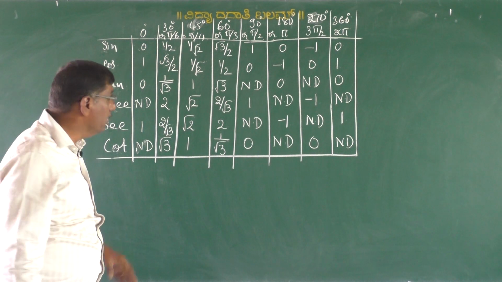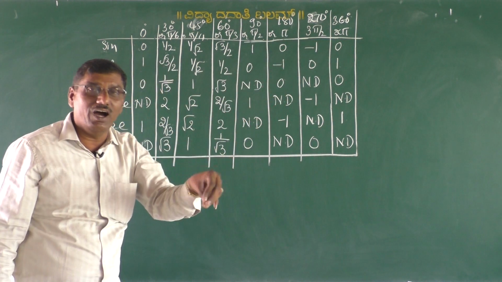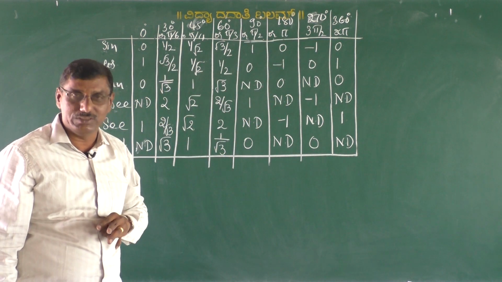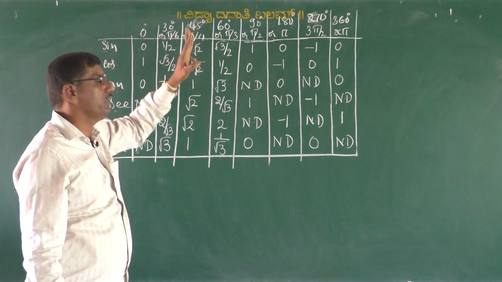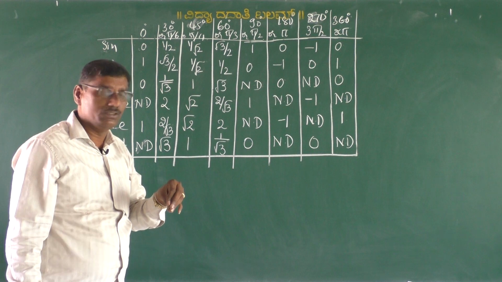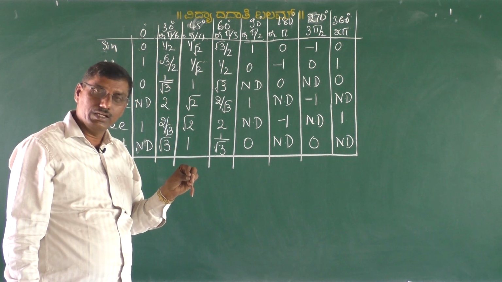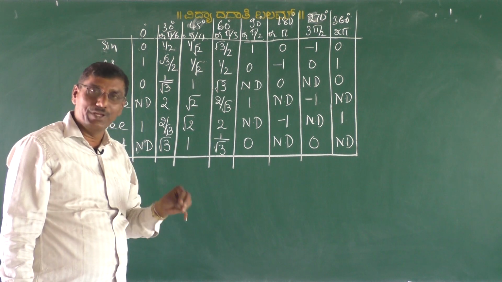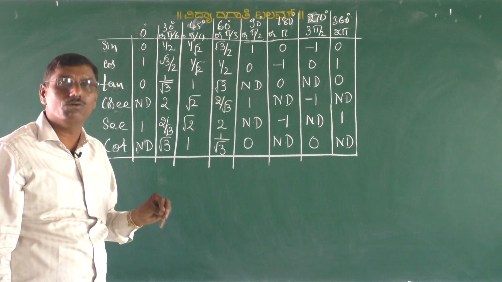These are all called the domains of the trigonometric functions. That is 0 degree, 30 degree, 45 degree, these are the angles. 0 degree is there. 1 degree, 2 degree, 3 degree, 4 degree, 5 degree, 6 degree, 7 degree, and so on.